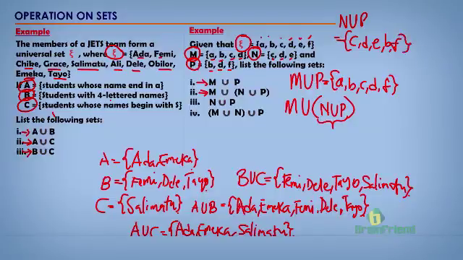So we have N union P as the set that has elements C, D, E, B, and F.